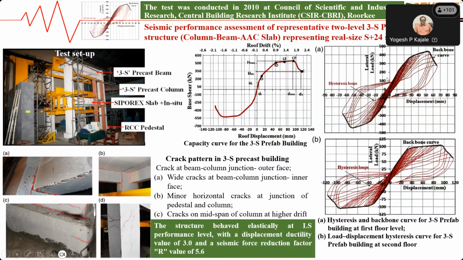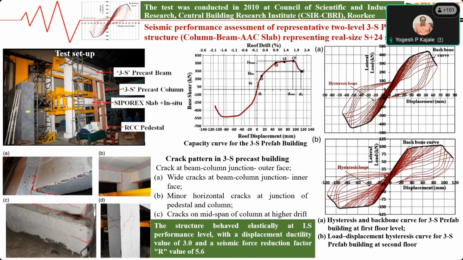The first test we conducted was on a representative one-room, 2-story structure from a real size building of S plus 24 stories. The actuators were installed at 2 levels. The building was subjected to reverse cyclic load testing, and the cycle was from 0 to 1 millimeter, 1 to 0, 0 to -1, and -1 to 0, such 3 cycles.